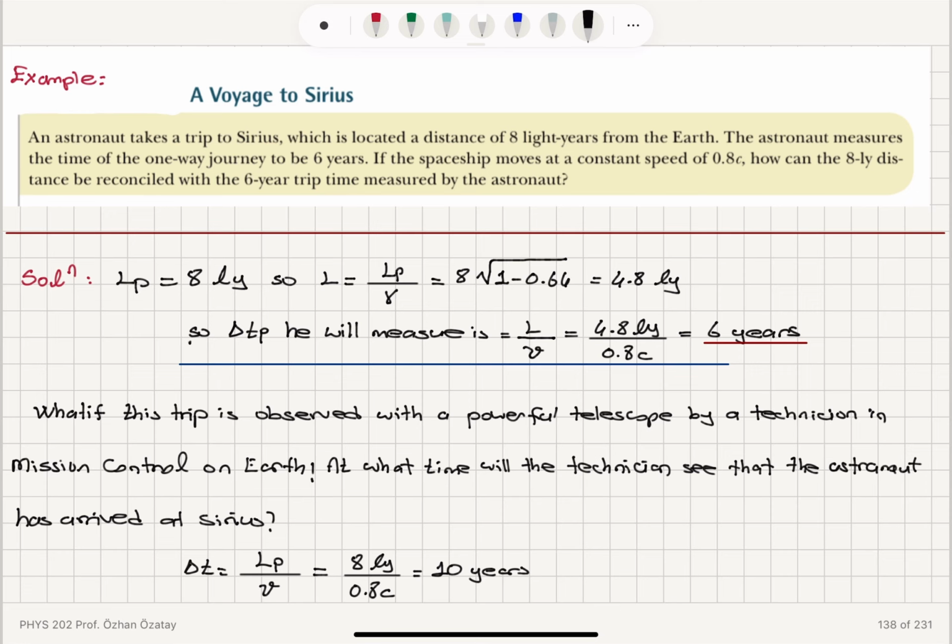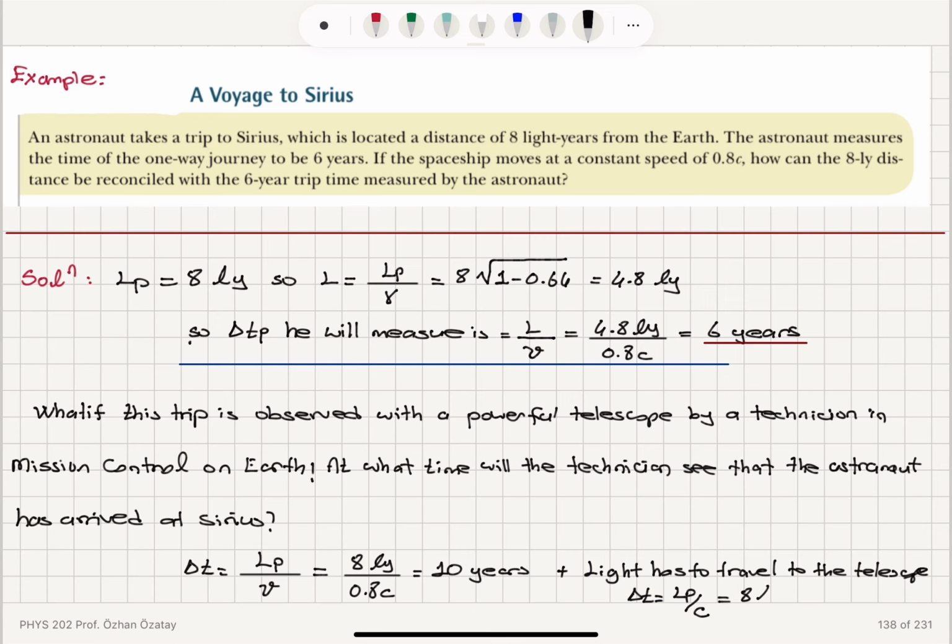But however, if we have an observer that is trying to detect the arrival of the astronaut in Sirius, plus light has to travel from Sirius to Earth to the telescope. All right. And how long will it take? The time it will take is the proper length LP divided by the speed of light, because now it's the light that is traveling.